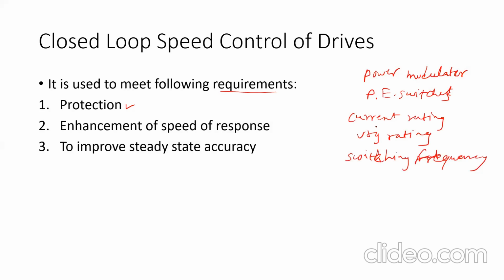If the current flowing through the switch is beyond its rated capacity, then the switch may be damaged. Or if the voltage across the switch is above its voltage rating, then also the switch may be damaged. Or if we make the switching frequency of the power electronic switch very high, then switching losses will be very high.